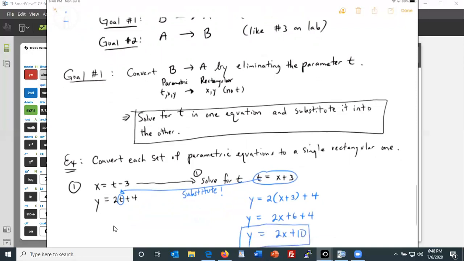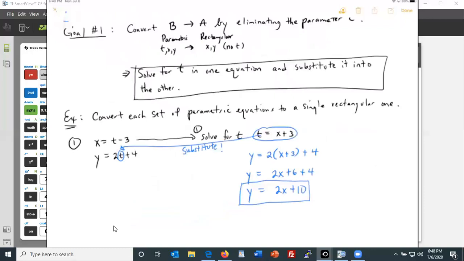And notice you end up with a single equation. It's called rectangular because remember x and y, the plane formed by x and y axes, is a rectangular plane. So we call any equation with just x and y's a rectangular equation. And it's a single equation without the parameter t anymore.